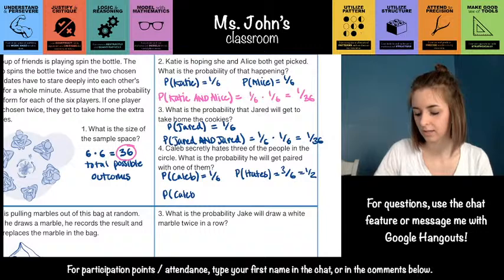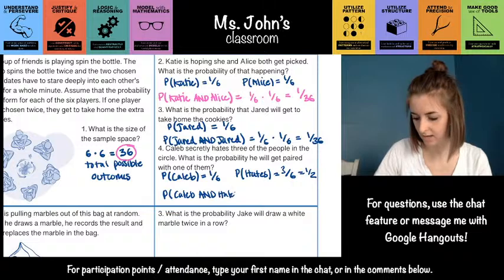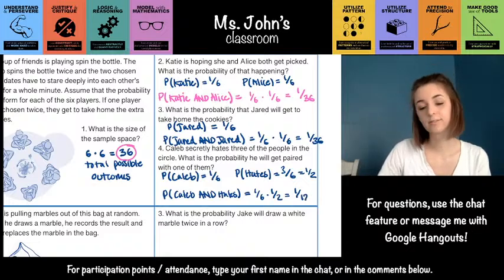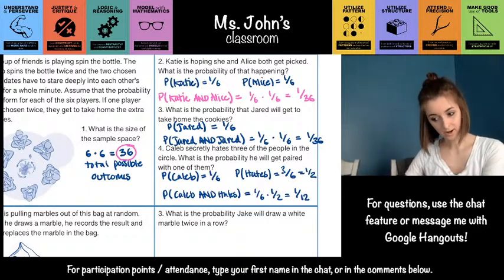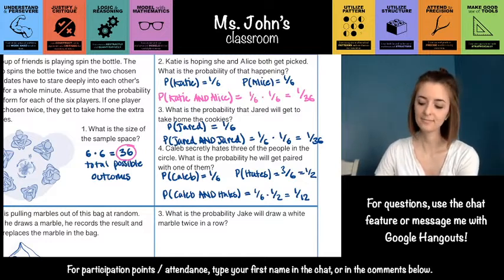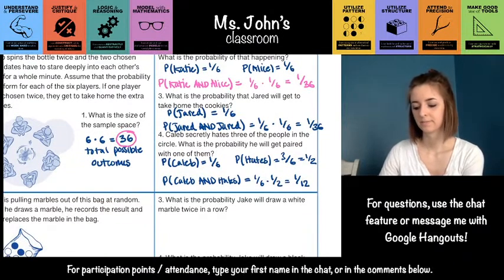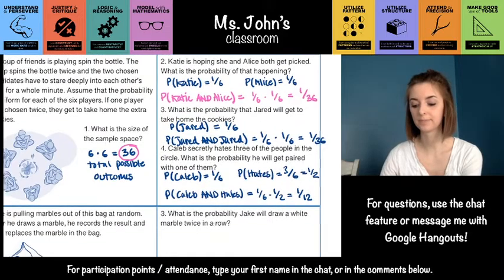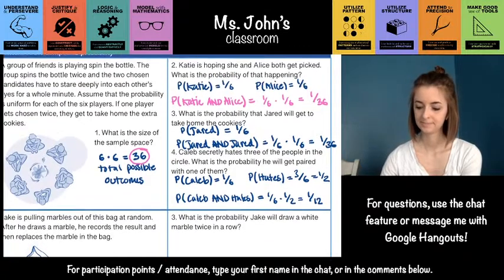So Caleb and somebody he hates is 1/6 times 1/2, which equals 1 out of 12. It's a pretty high chance compared to the other two that we calculated. Notice that it's not a 36 on the bottom. That's because we reduced a fraction. That's the same as 3 out of 36. So it's just a higher probability. It's 1 in 12 instead of 1 in 36.